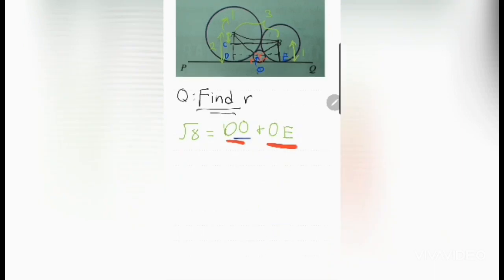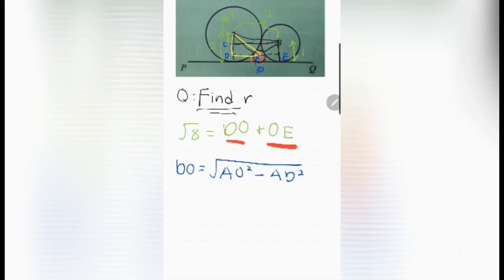So now let's find the equation for DO first. DO is equal to the square root of AO squared minus AD squared. Why? Look at the diagram carefully. It is a right angle triangle, so we can use the Pythagoras theorem.